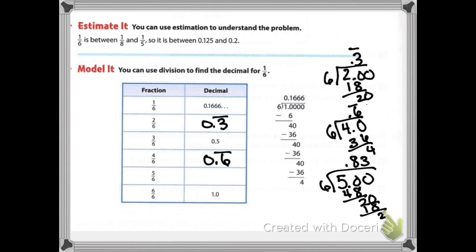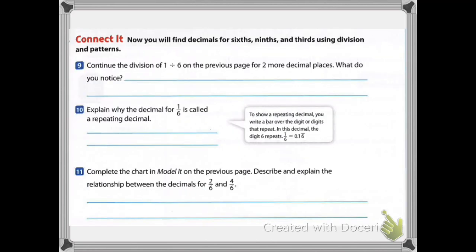Now my 2 is going to start repeating. So 8 and 3 don't both repeat. Just the 3 repeats, so only the 3 gets the bar. So I've got 0.83 with the bar over the 3. Now my table is all filled out.